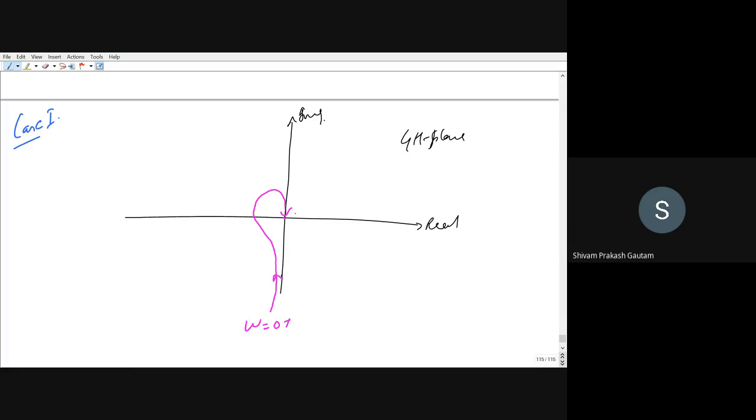This is omega is equal to infinite plus. This is omega is equal to infinite minus. This is omega is equal to 0 minus. So this is the Nyquist plot, and we have our -1 plus J0 point here. Suppose this is case 1.